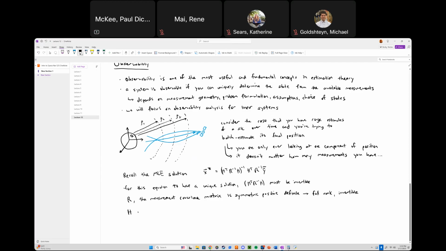H must have rank n, where n is the number of states. Now, H is an m by n, so that's a taller than it is wide matrix. So what we're really saying is H must have full column rank.